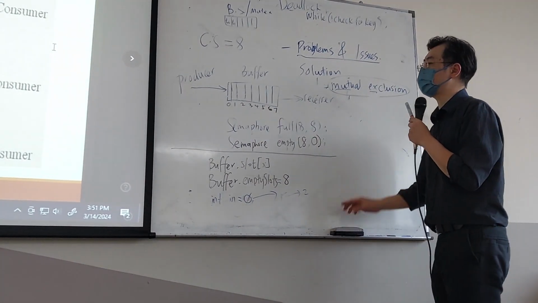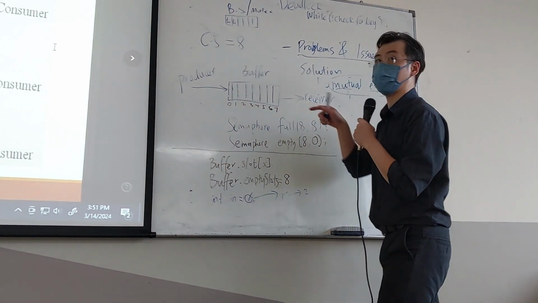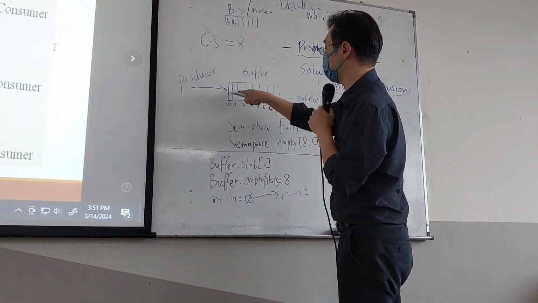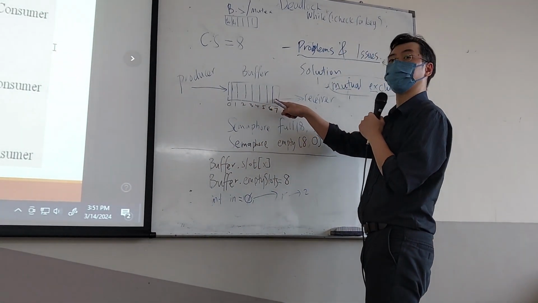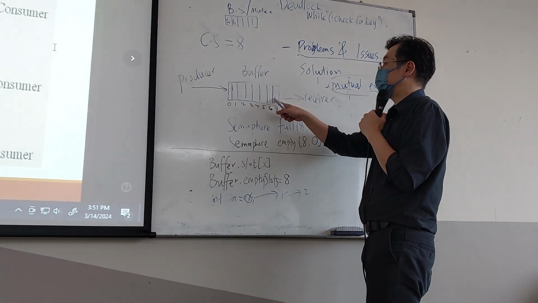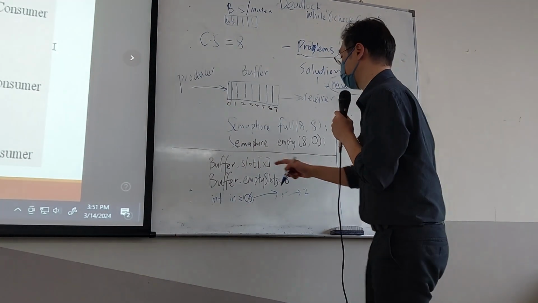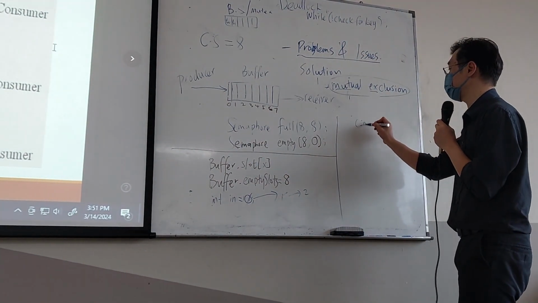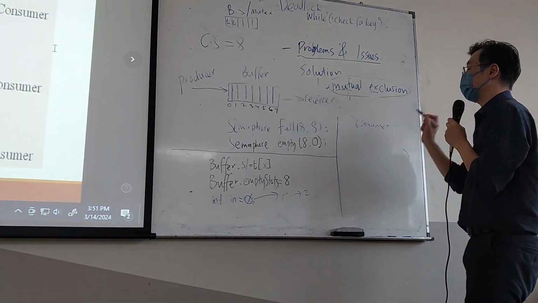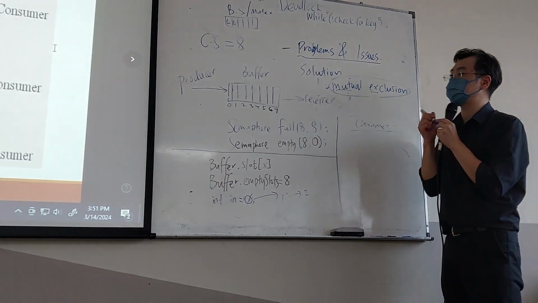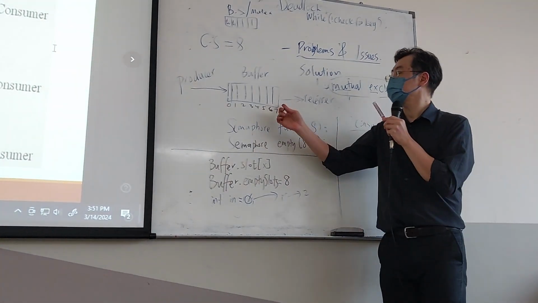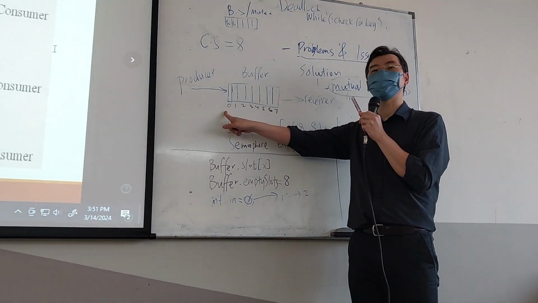Because this is finite, right? I fill in the data until it is finished. So this is the producer, and here is the consumer. For the consumer, when I receive the data, do I receive from 7 or from 0 first?